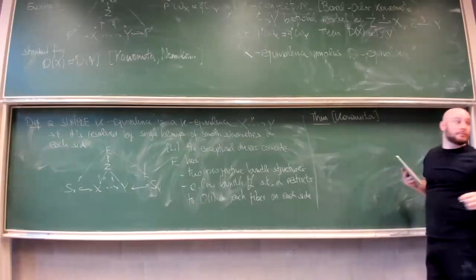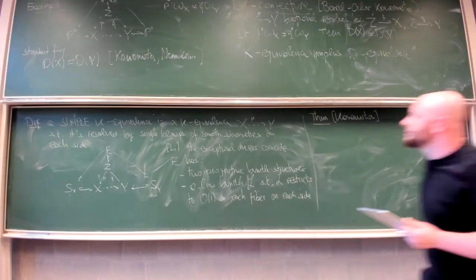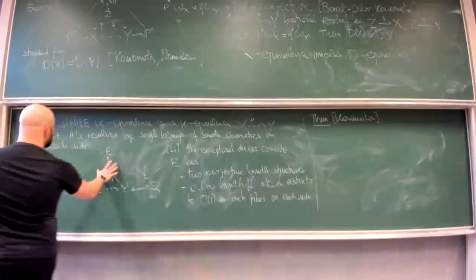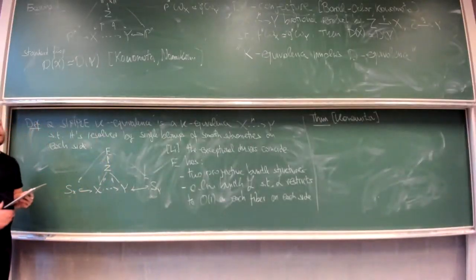Okay. I'm sorry, quick question. Yeah, of course. Do you need to assume that this Z also has the condition about the pullbacks of the canonical divisors, or is it automatic that if one resolution is a K-equivalence, then any resolution also works? Do you ask if in this diagram I am assuming that the pullbacks of the canonical bundles agree? Yes, I do.